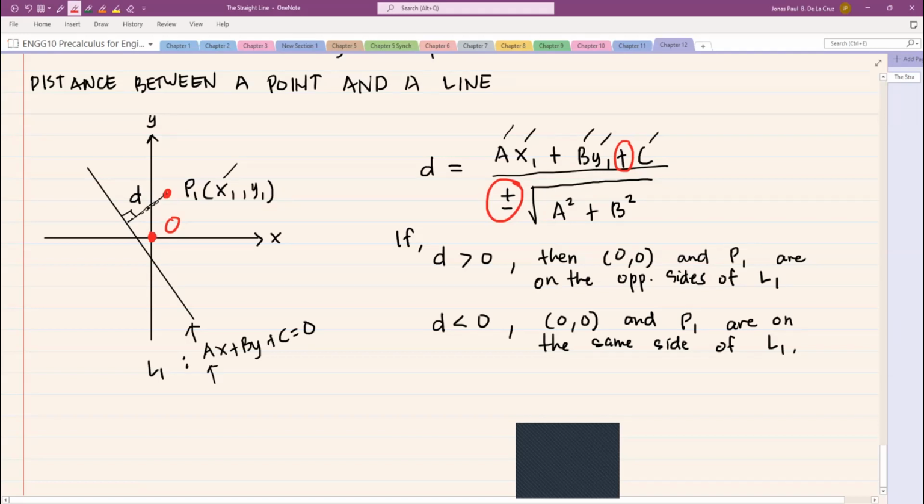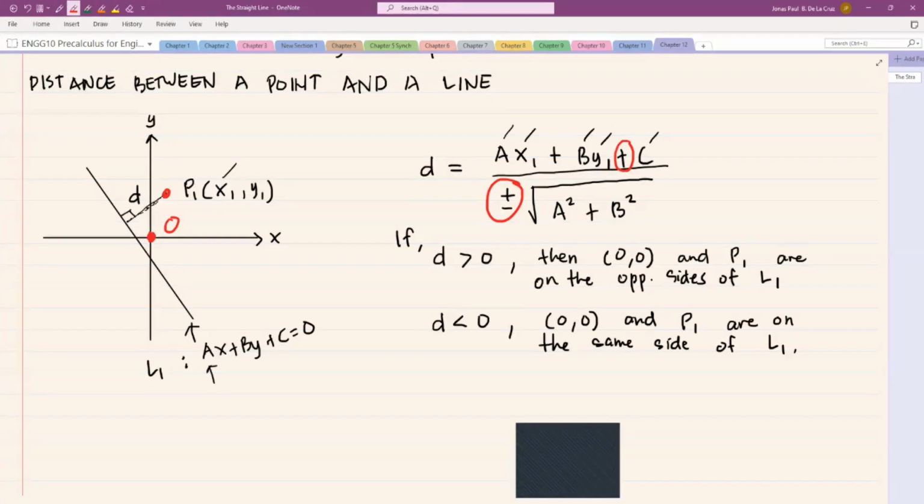Now, what if C is equal to 0? If C is equal to 0, the sign of the radical is the same as that of B. So first, it should be opposite of C; that is the first thing we look at.